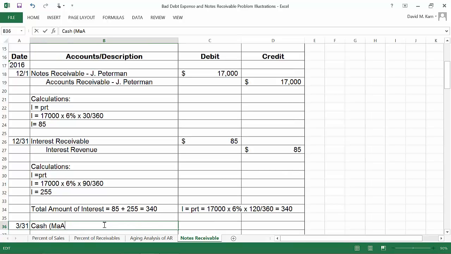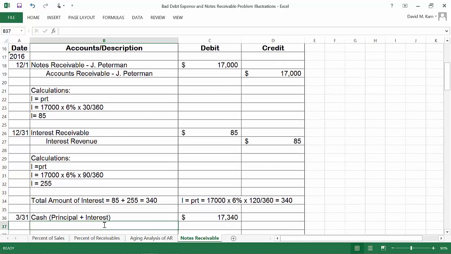Remember, it's maturity value, that's the principal plus the interest. So that would be 17,000 plus the 340, so 17,340 in this case. Now, we know that we've earned interest revenue for the new accounting period from January 1st through the 31st of March, and that was $255.